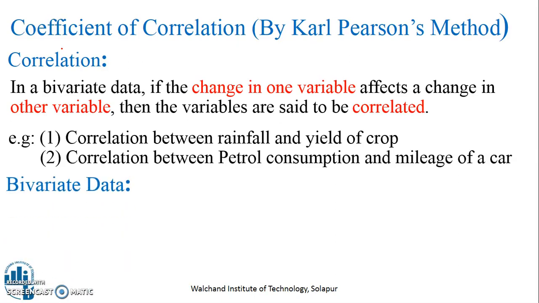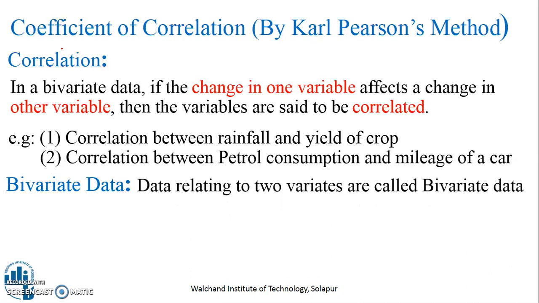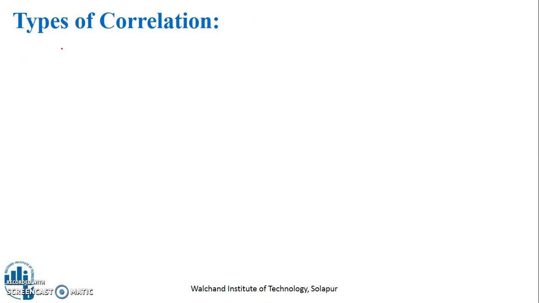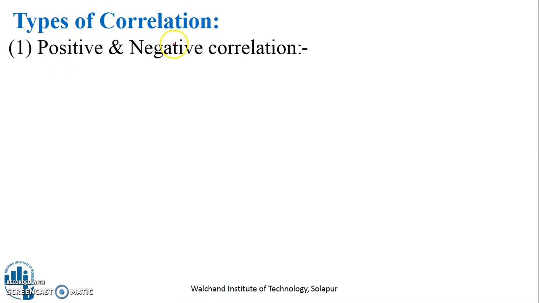Now bivariate data. What is meant by bivariate data? Data relating to two variates are called bivariate data. Now let us see the types of correlation. First one, positive and negative correlation. Now what is meant by positive correlation?